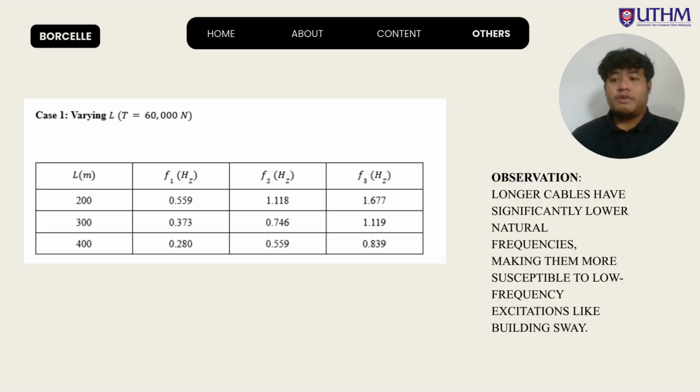So here's our finding. In case 1, we vary L and the tension is 60,000 Newton. As you can see, longer cables have significantly lower natural frequency, making them more susceptible to low frequency excitation like building sway.